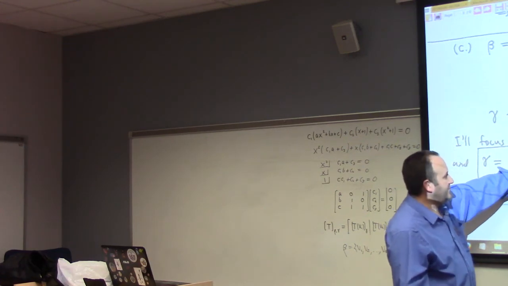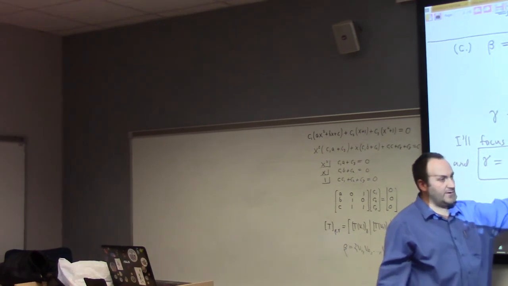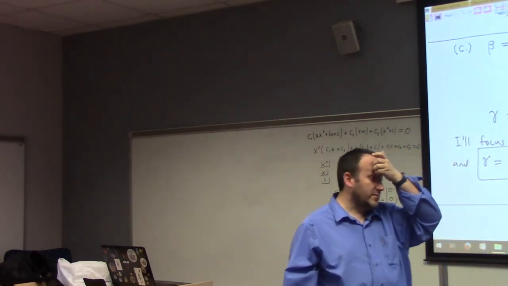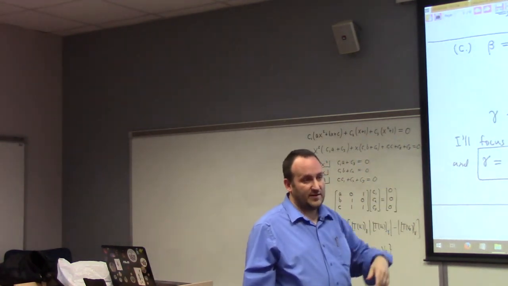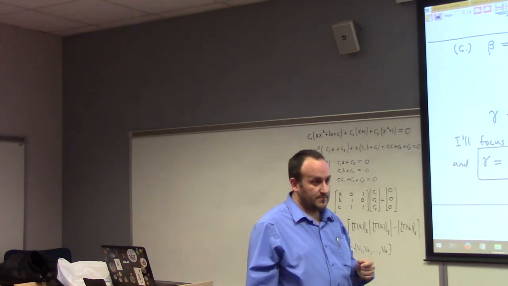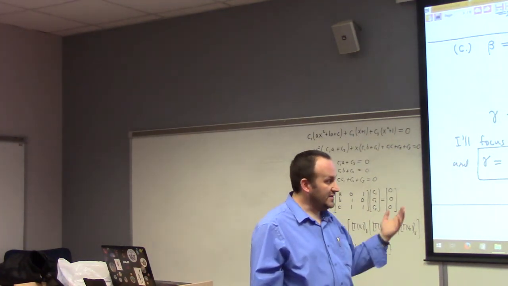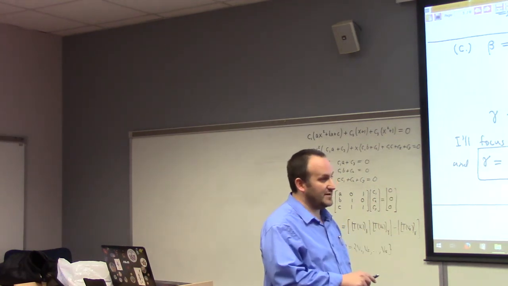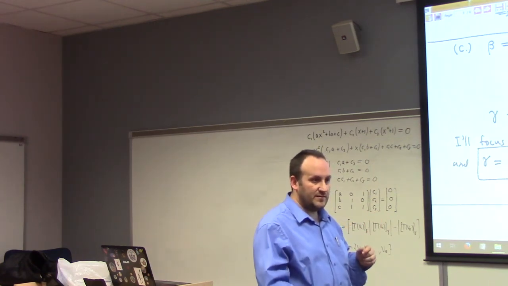How would you check if your choice here is a legit choice? If you want this to be a basis for R3, what's a quick way to check that your choice is a reasonable one? I need linear independence, right? The easiest way to check that is if the matrix corresponding to that basis is invertible, right?